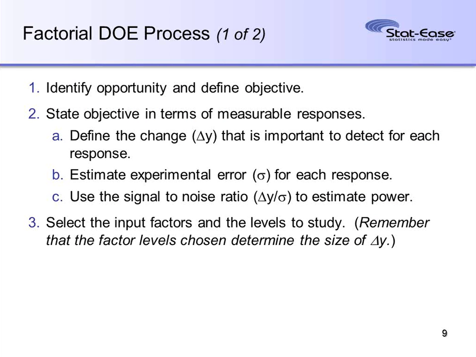So for instance, for our yield, if we have maybe some time and temperature changes, we have to make sure that those time and temperature settings are far enough apart that we would expect to see a change in the yield produced. So you can't have your factor levels so narrow that they're not going to do anything. You have to push them out far enough that you will induce a change. That's the whole goal here, is to push for change.